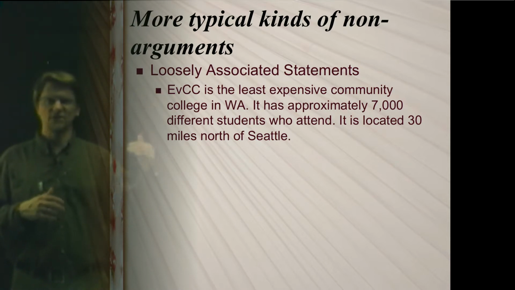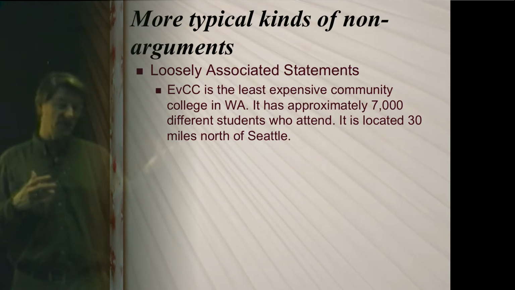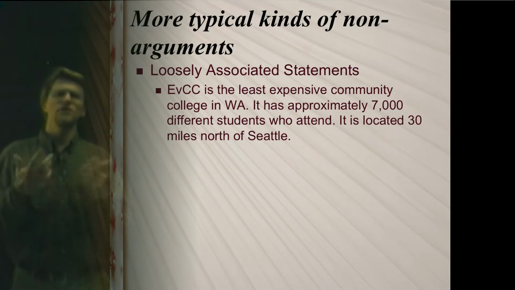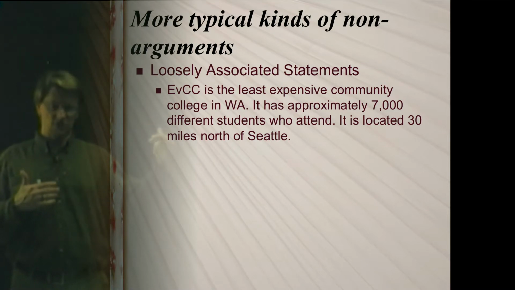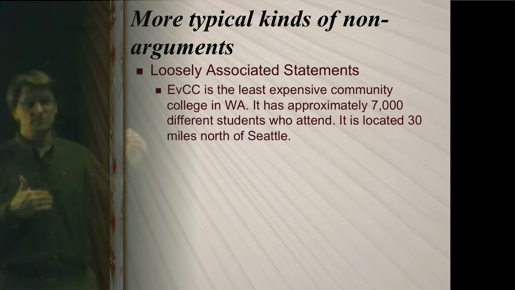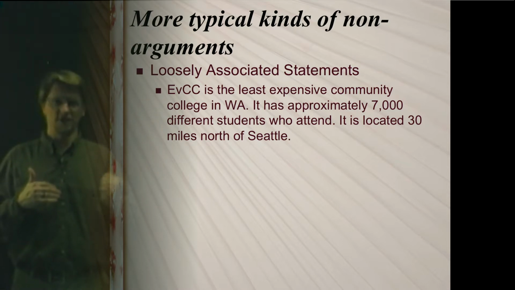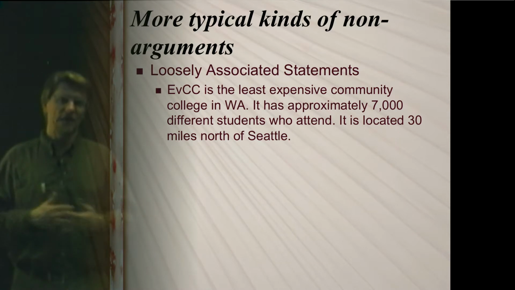Here is a passage where we have multiple statements. In this case, they're all about Everett Community College. But as you can see, they're not really going anywhere. None of these statements here is a conclusion. The other statements here are not trying to prove that it's true. They just all happen to be about Everett Community College. And so since there's no conclusion here, it cannot be an argument.